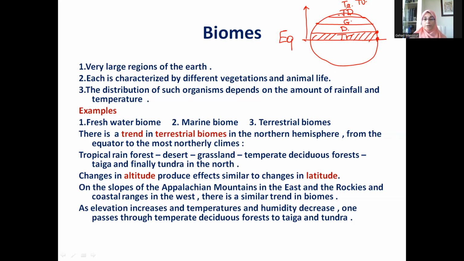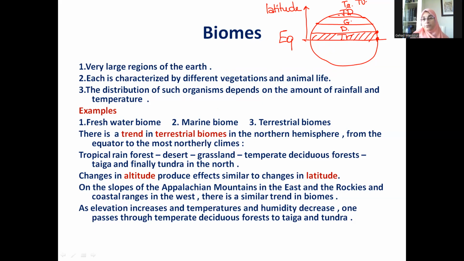Of course, as we go upwards, we are changing the latitude. See those horizontal lines that divide the Earth horizontally?